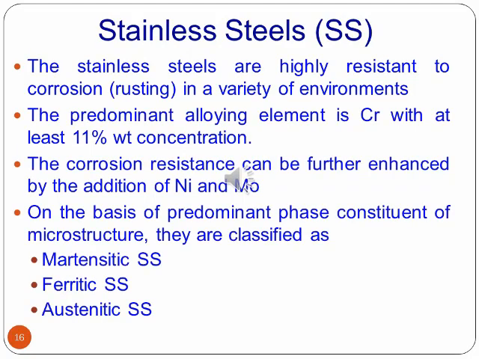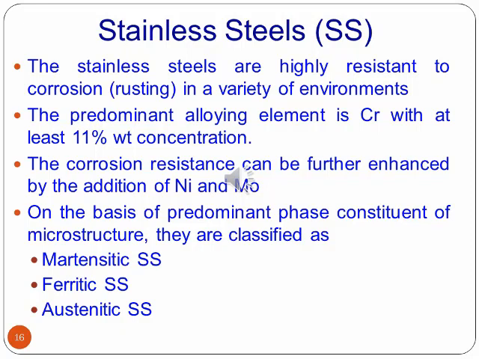So next is stainless steel. Stainless steels are highly resistant to corrosion. That means they do not rust so easily. The predominant alloying element here is chromium, with at least 11% of the weight concentration. This prevents the rusting or corrosion of the steel.